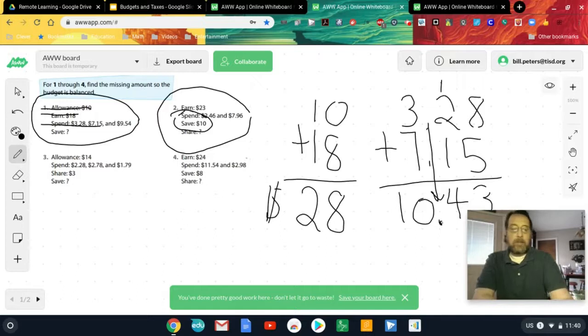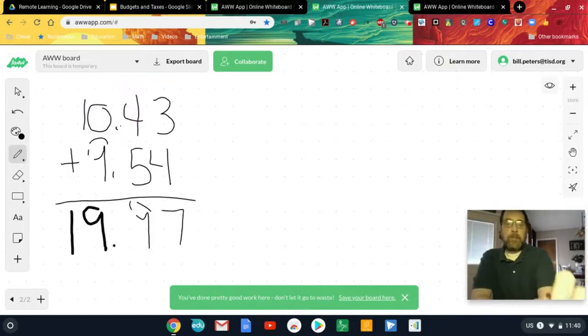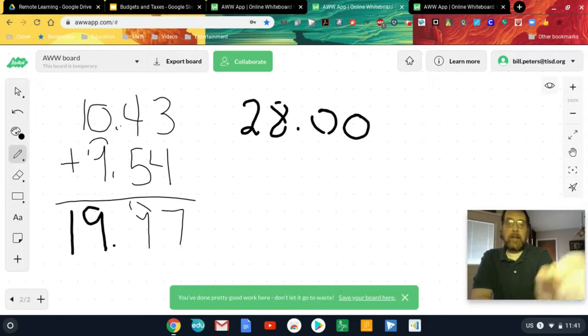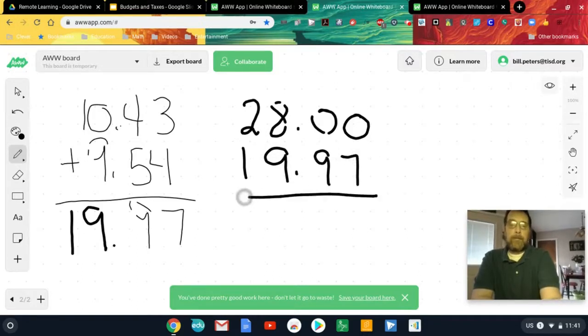So then I take the $28. Remember, when I'm dealing with adding and subtracting, I have to write it as money. And I subtract it. 0 minus 7, I cannot do that. 0 minus 9, I cannot do that. So I borrow from here with the 7.